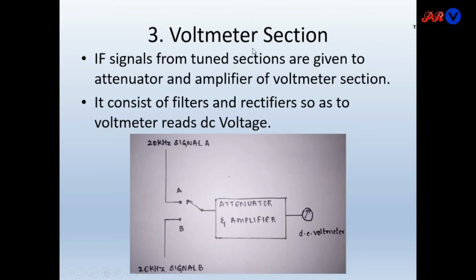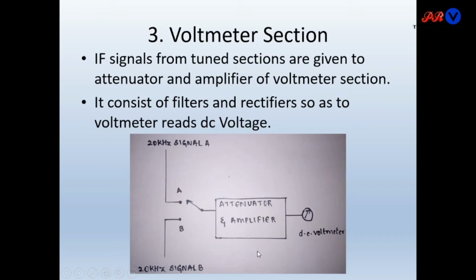Third section is our voltmeter section, which is used for measurement of the voltage. As we have already converted our RF signal or high frequency signal into a low frequency signal which has the same phase as the RF signal, IF signals from tuned sections are given to the attenuator and amplifier of the voltmeter section.